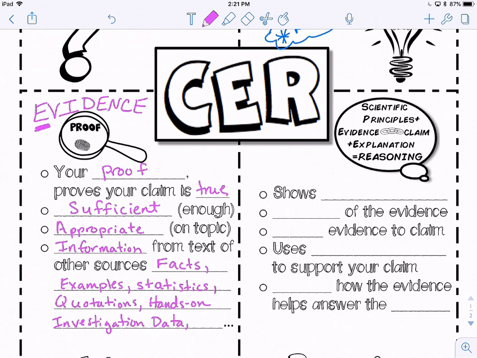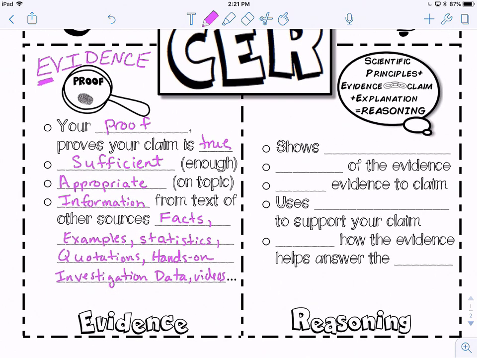The evidence could also be coming from videos. There are so many places where we can get evidence, but this is not your opinion. This is the evidence. It's the proof. So we have our evidence down here.